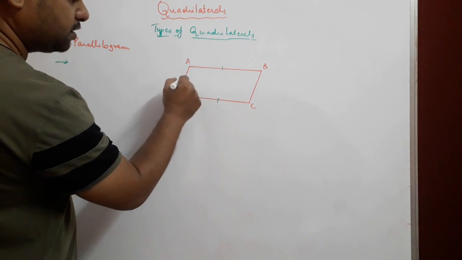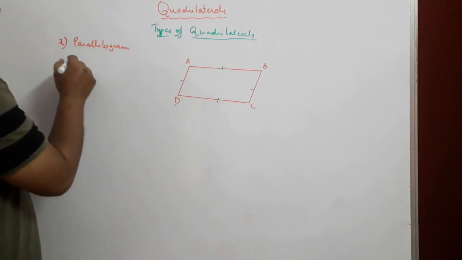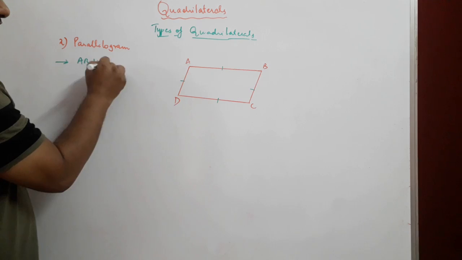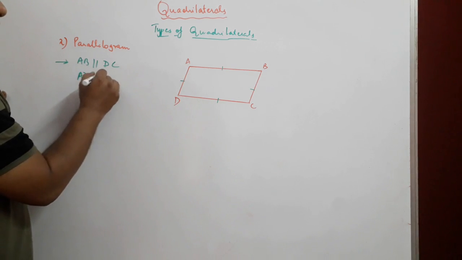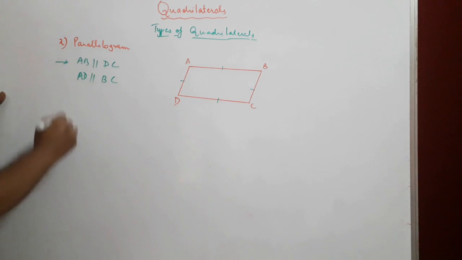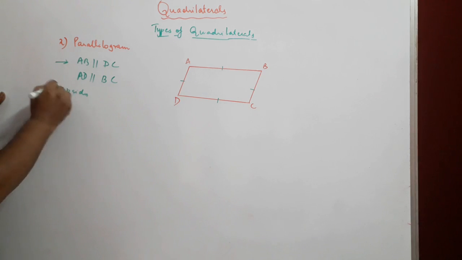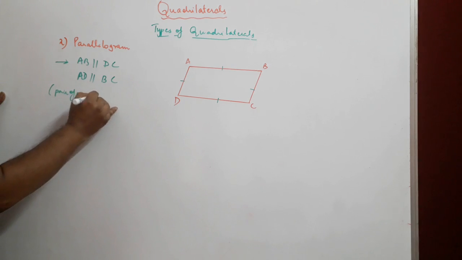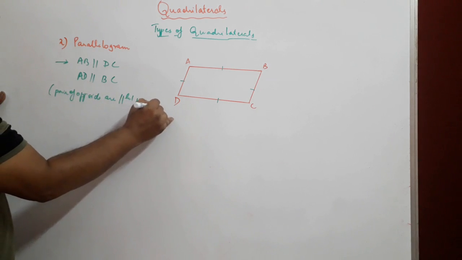Opposite pair of sides are parallel to each other, which means AB is parallel to DC, and we have AD parallel to BC, okay, which means pair of opposite sides are parallel to each other.